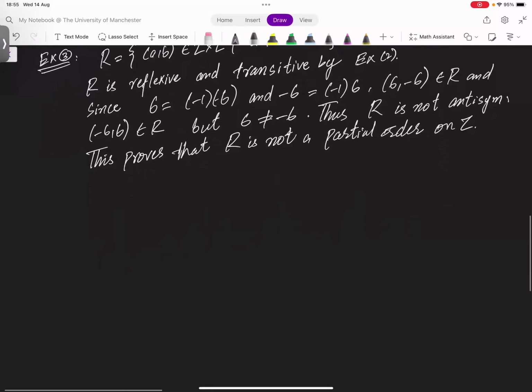To further understand this concept, let's define example 4. Let S be a set, and P(S) is the power set.